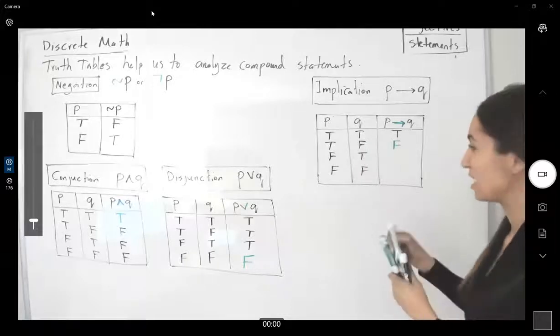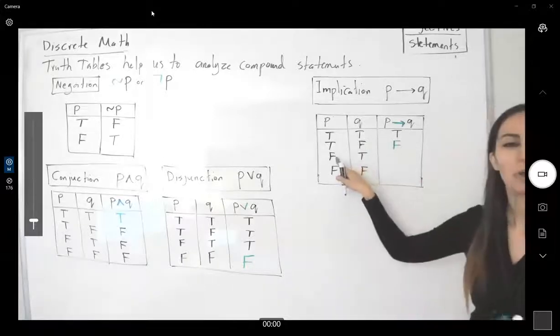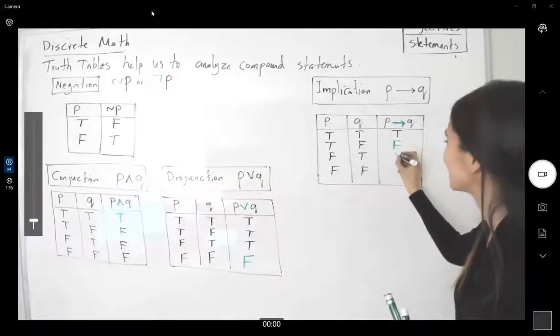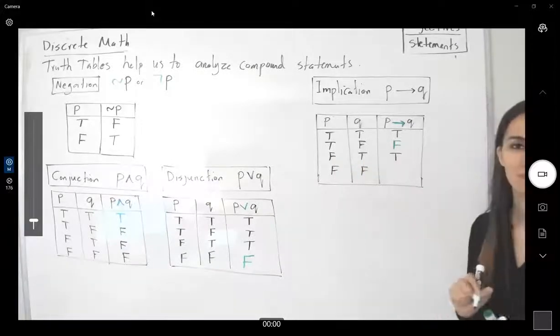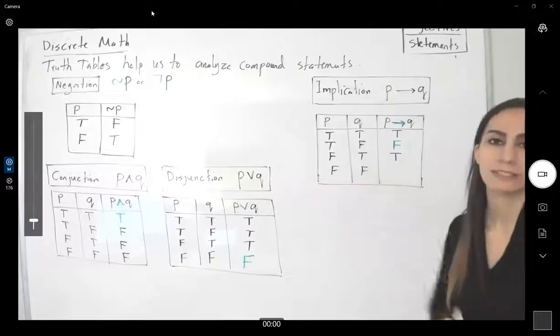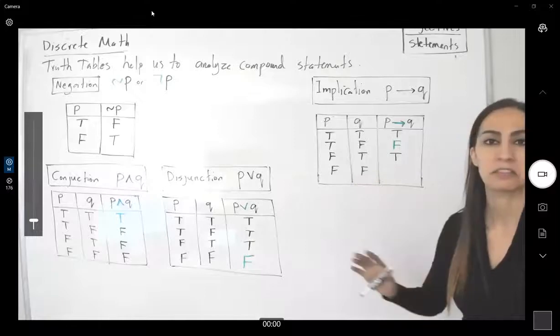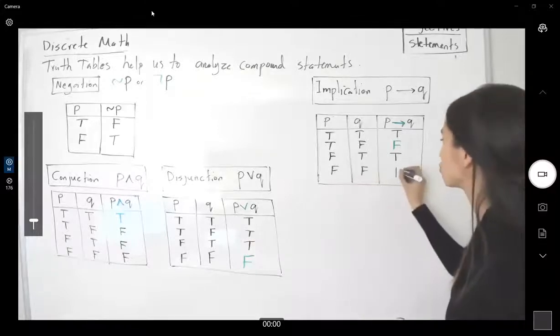However, if the hypothesis is false, but the conclusion is true, this is always true. If the hypothesis is false and it implies a false conclusion, then it is true.